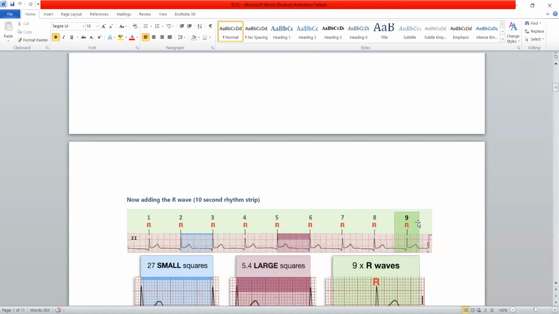So that's how we get the heart rate if the rhythm is irregular. So how to calculate the heart rate? Is it clear to everyone?